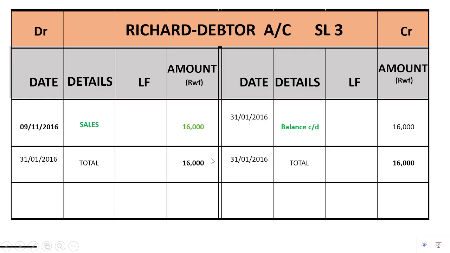Then we draw two parallel lines to indicate that debit is equal to credit. Then below these totals, we bring the balance carried down, but with a changed name, that is balance brought down of 16,000.